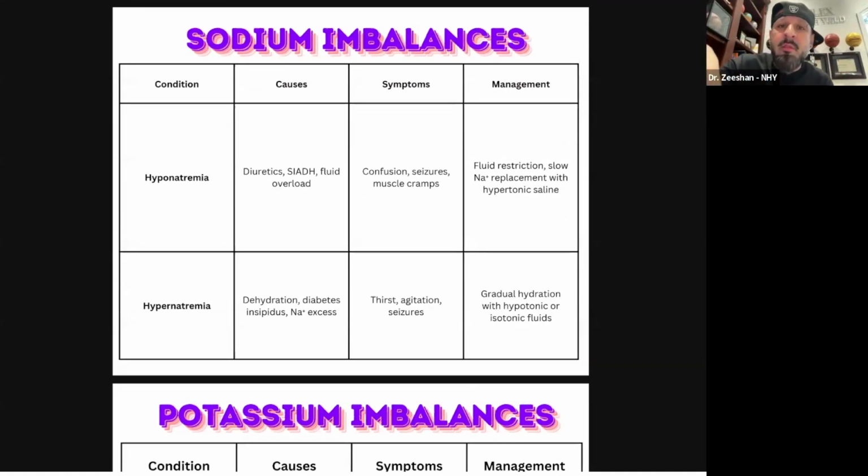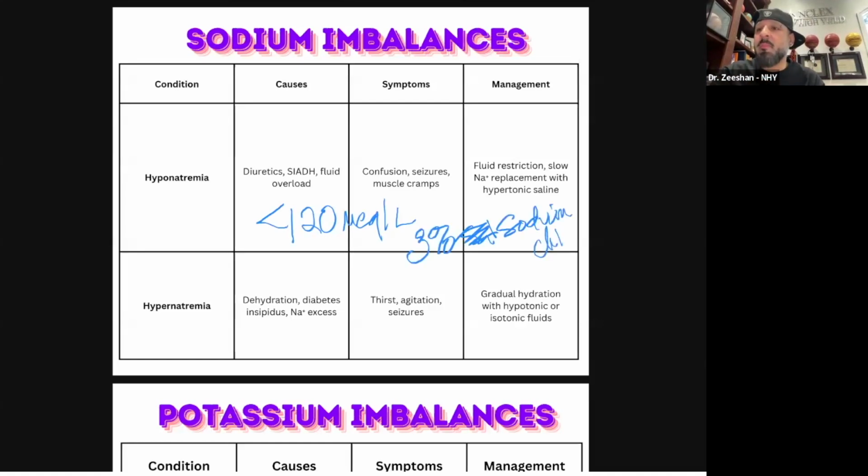And the one thing, and as we get into fluids, I want to show you is that at 120 milliequivalents per liter and below, we need to correct this. And we're going to talk about the different types of solutions here, different types of IV fluids. We're going to give them 3% sodium chloride.